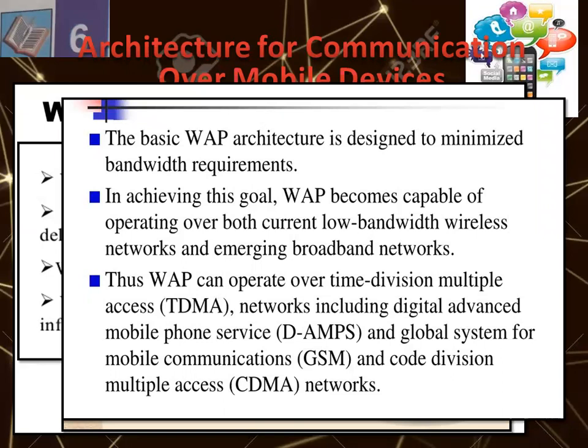WAP can operate over time division multiple access, TDMA, networks, including digital advanced mobile phone service, D-AMPS, and global system for mobile communication, GSM, and code division multiple access, CDMA, networks.